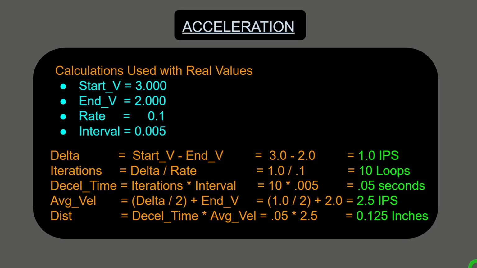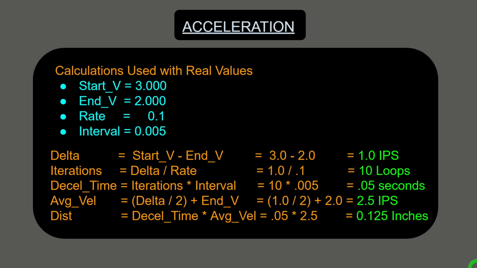We want to get our delta change, and that is achieved by taking start velocity minus end velocity, or 3.0 minus 2.0, and that gives us 1 inch per second. For the number of iterations, I would take the delta divided by the rate. That would be 1 divided by 0.1, meaning 10 loops.